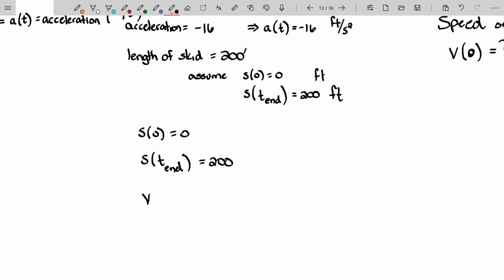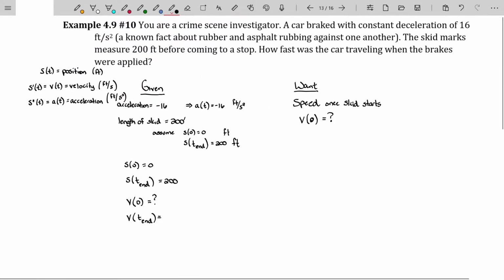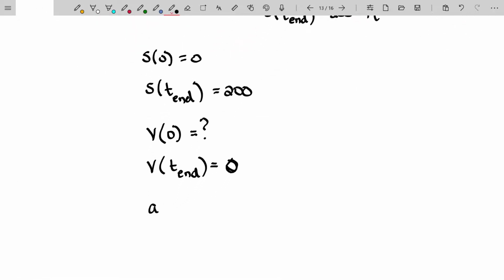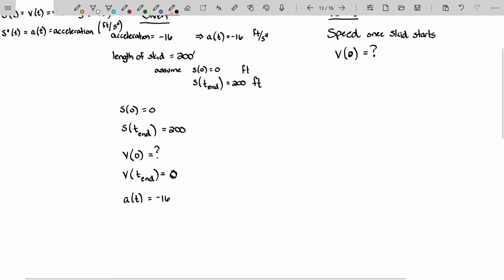Another thing that we'd like to know is the velocity at time 0. We don't know that. But you know what you do know? The velocity at time end. How quick is the car moving by the time it stops? It's a trick question, everybody. 0. And finally, the acceleration throughout the entire movement is -16. Those are our given conditions.